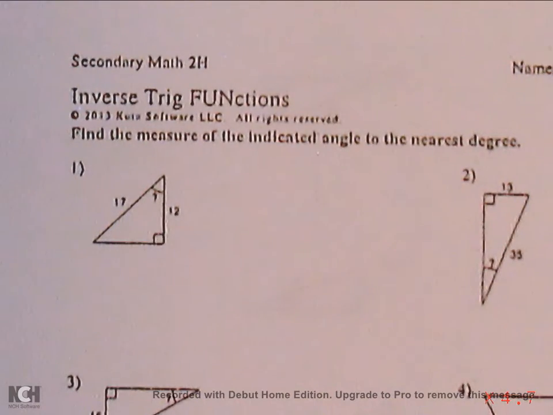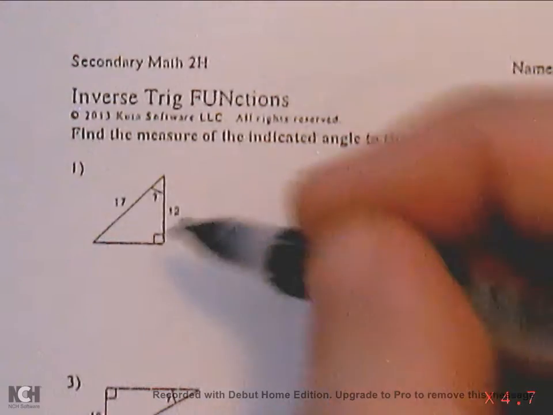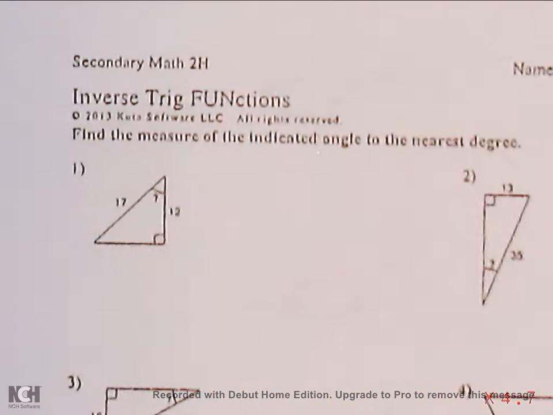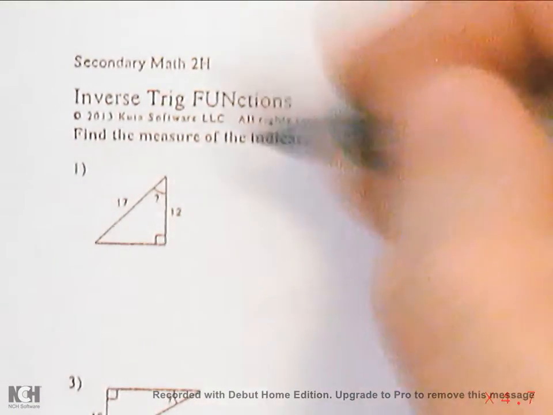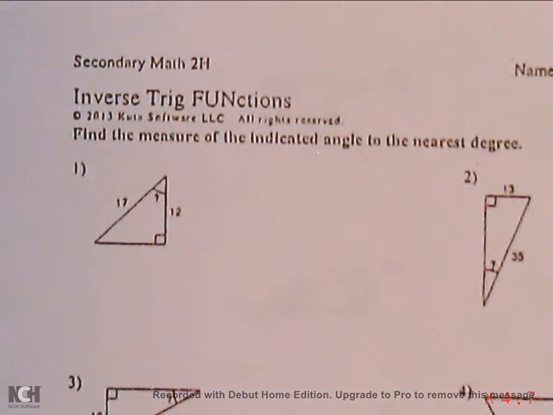I know I've used it in construction a few times. I helped my dad, who has a mining company, when he's trying to figure out an angle in which to drill, and I used trigonometry to help him there. So this can be useful in very specific circumstances, but again, you guys need to know this.